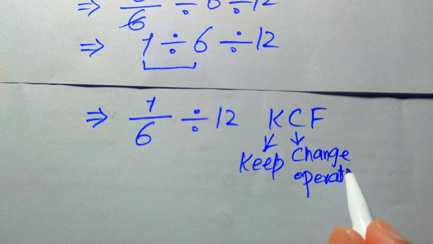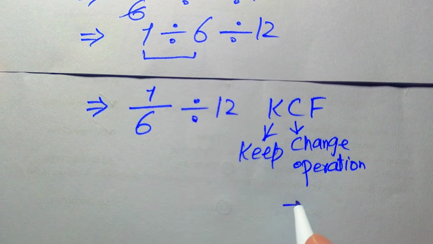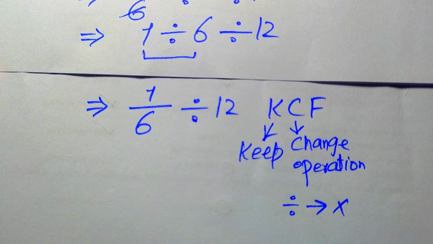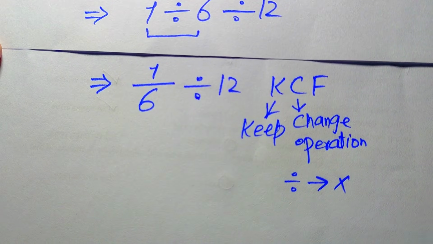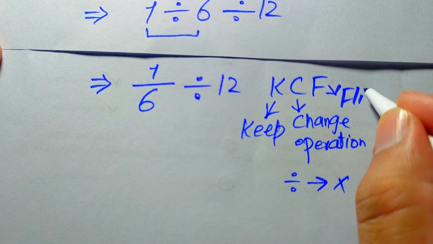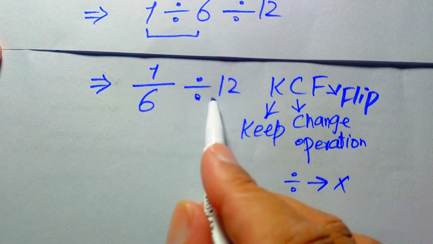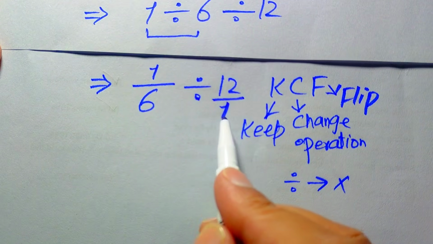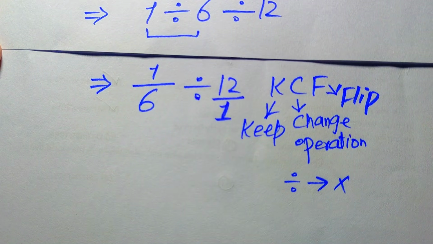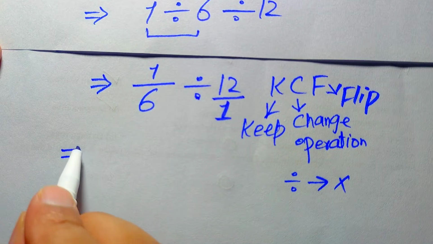We have the division operation, and we change this division operation to multiplication. And at the last we have F. This F means flip the value. So here the last value is 12, and we can just flip it, and you see that the denominator of this term is 1. So according to this rule, we can simplify this term.